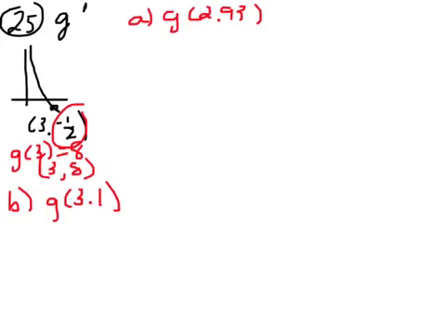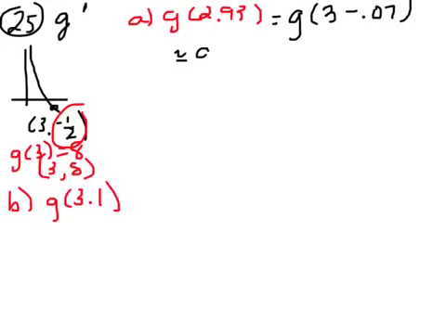Okay, so if I'm going to estimate g of 2.93, that would be my x value. It would be like saying if I knew my x was 3, my y value that went with it would be g of 3, but I really need to subtract: 2.93 is 3 minus 0.07. Now I can estimate that.